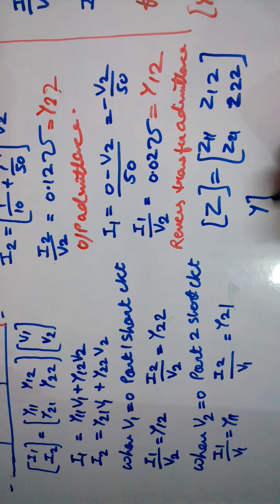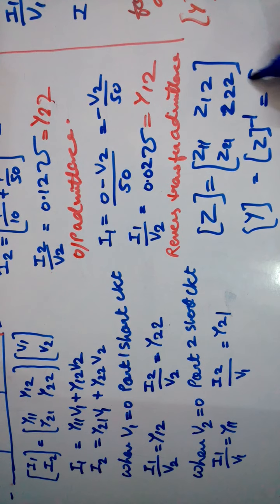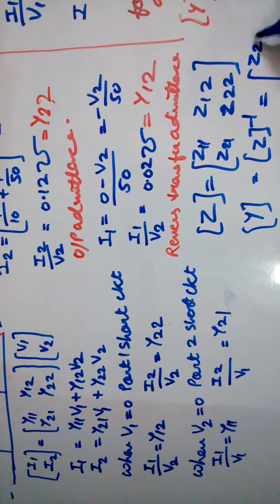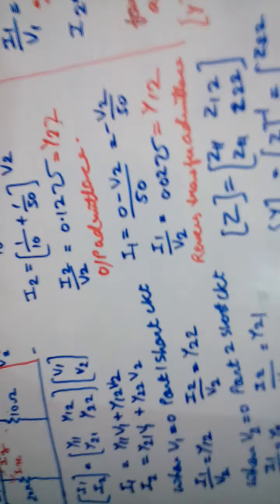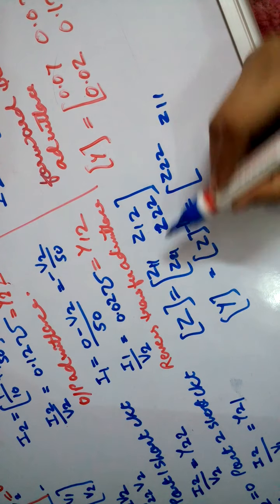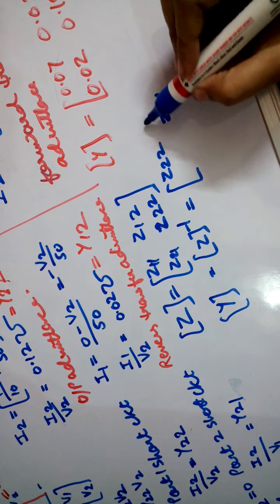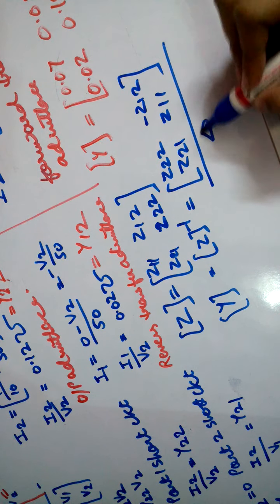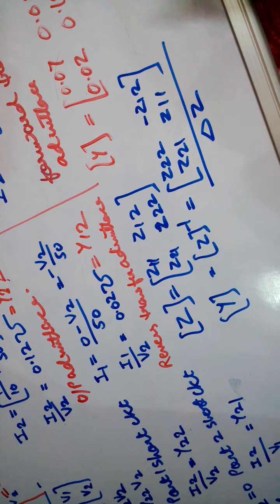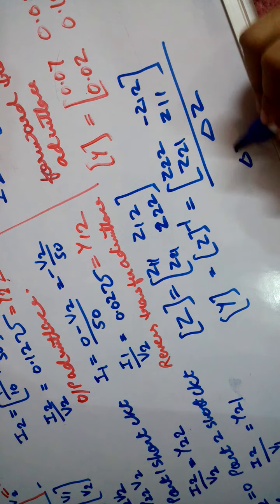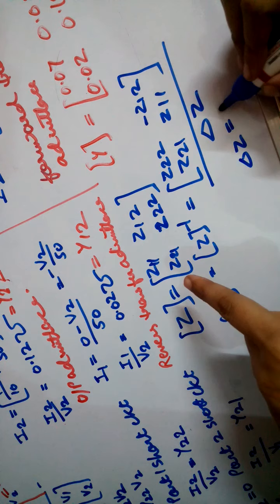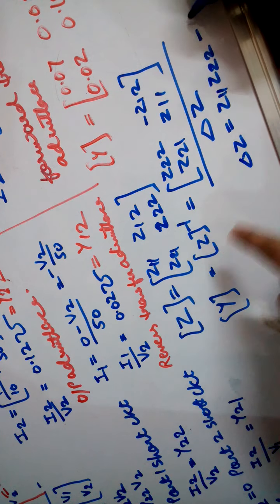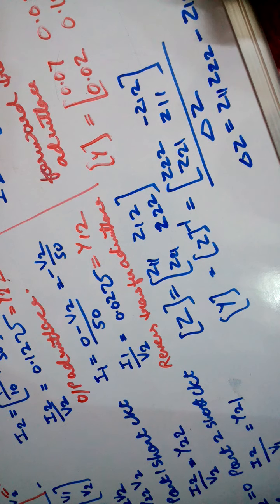Now to calculate your Y parameter, it is the inverse of the Z parameter. Its inverse is calculated by interchanging Z11 and Z22, and changing the sign of Z12 and Z21, upon the determinant of Z. I hope you know how to calculate the determinant of Z. Determinant of Z is Z11 into Z22 minus Z12 into Z21.